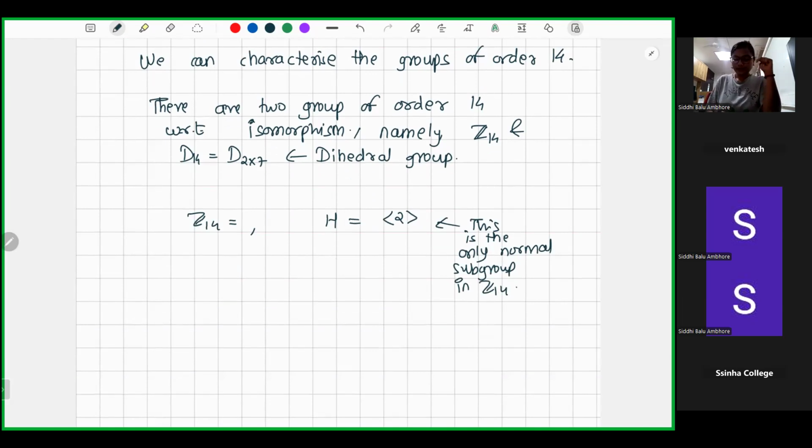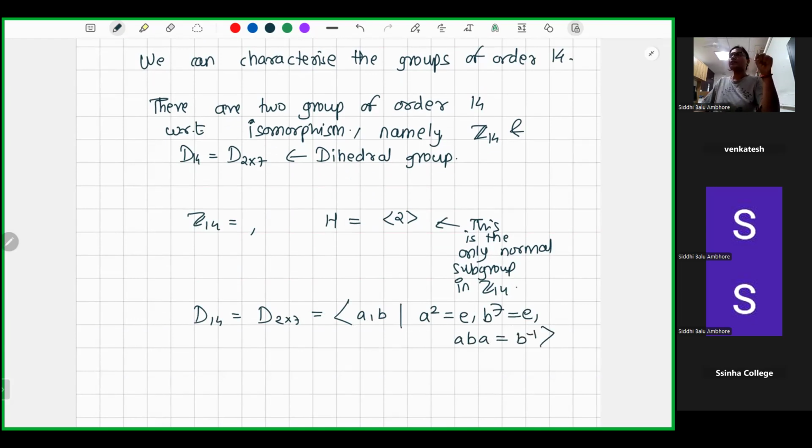And in D14, that is D2 into 7, we also have this cyclic group. It is generated by A and B such that A squared is identity, B to the power 7 is identity, and ABA is equal to B inverse, if you remember correctly.